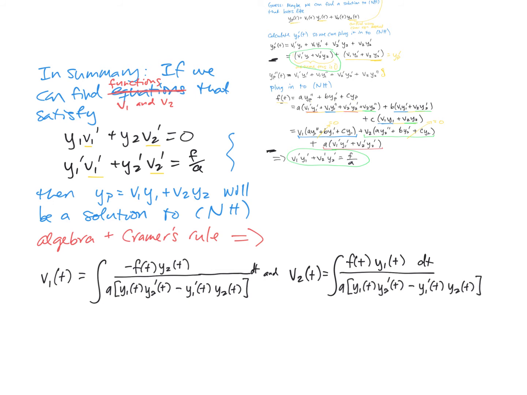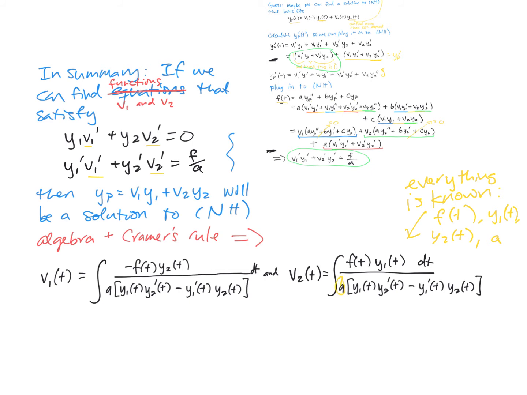So all of these things are known. So everything is known here on the right-hand sides of these equations. Right, what do we have in these formulas? We've got f of t, which is given by the equation, y1 of t, y2 of t, which are the solutions to the homogeneous equation, and we know how to find those, and then a, which is, again, given by the equation.